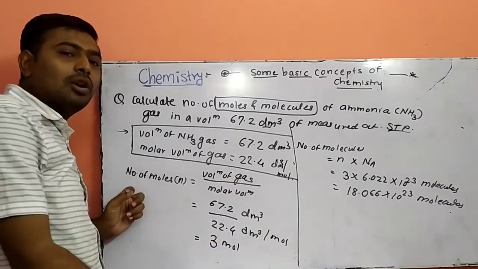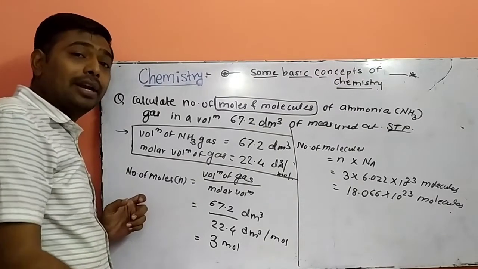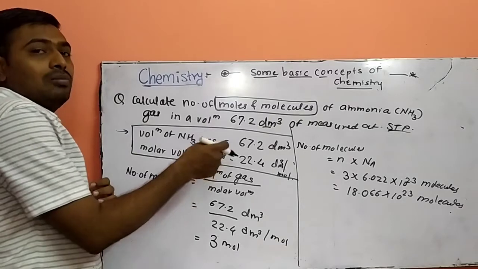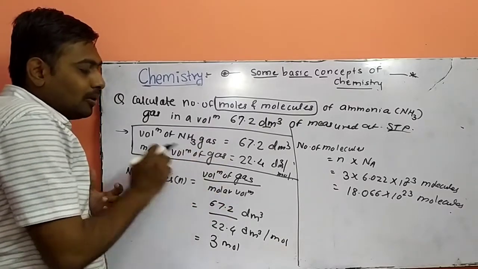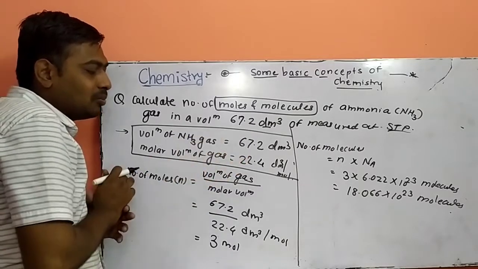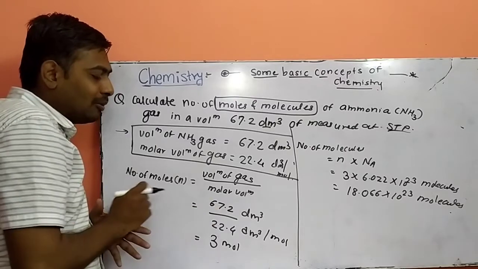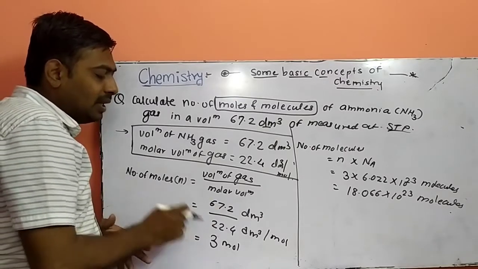What is the formula for number of moles? Mass upon molar mass for solids, and for gases, it is volume upon molar volume. Molar volume is 22.4, volume is 67.2. Just put the values: 67.2 divided by 22.4. We will get 3 mole.